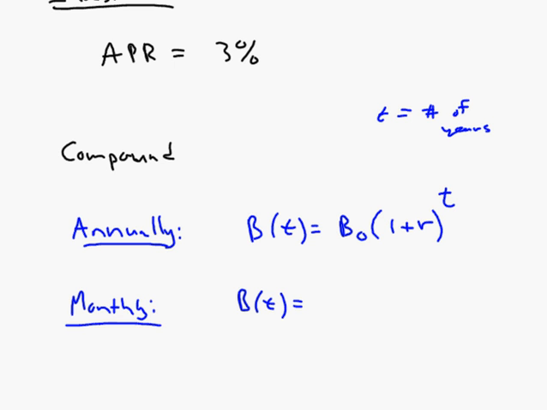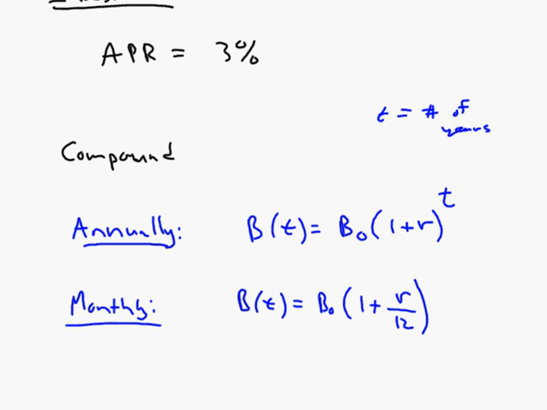They say, you're going to start with your initial balance, you drop it off, and at the end of the first month, instead of giving you R%, like they would at the end of the first year, they give you 1/12 of that. So they take the rate and divide it by 12. They say at the end of the first month, we're going to add 1/12 of the APR to your balance.